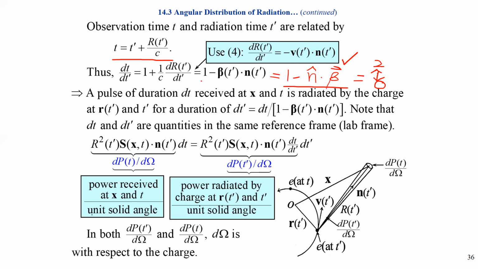A pulse of duration dt received at x and t is radiated by the charge at r and t prime for a duration of dt prime equals dt divided by 1 minus beta(t prime) dot n(t prime). Okay, note that dt and dt prime are quantities in the same reference frame.